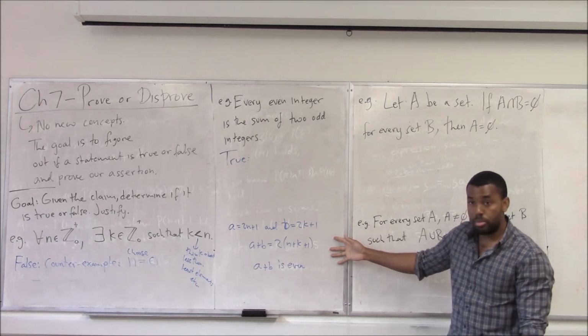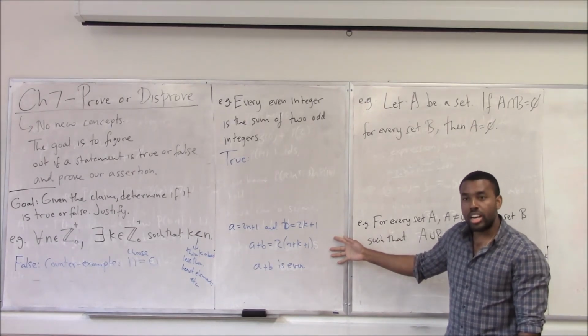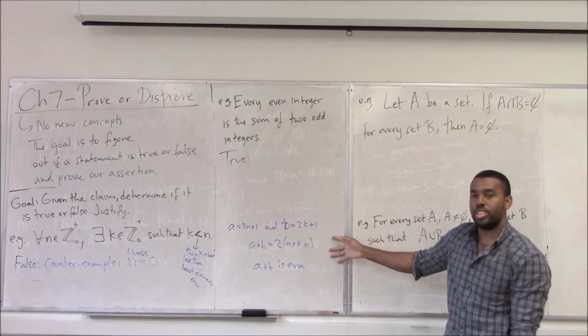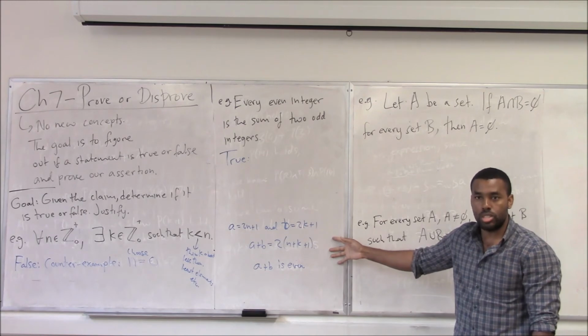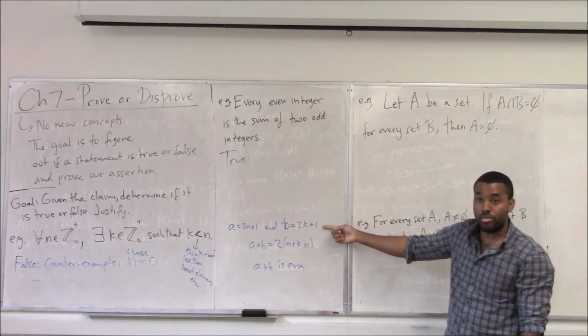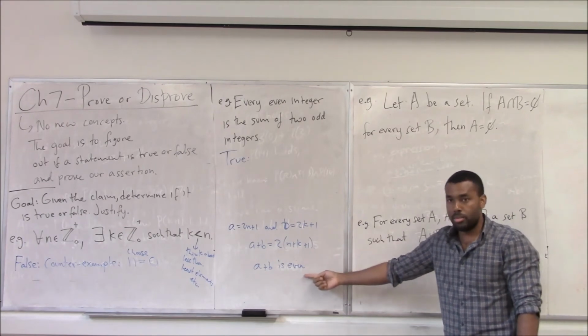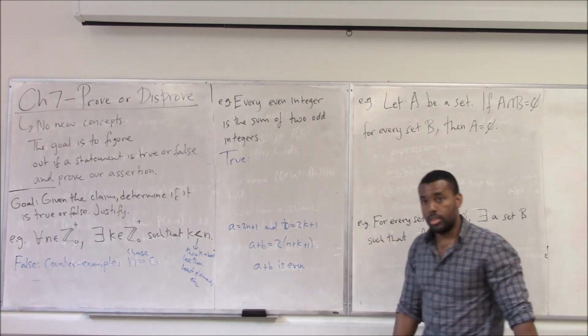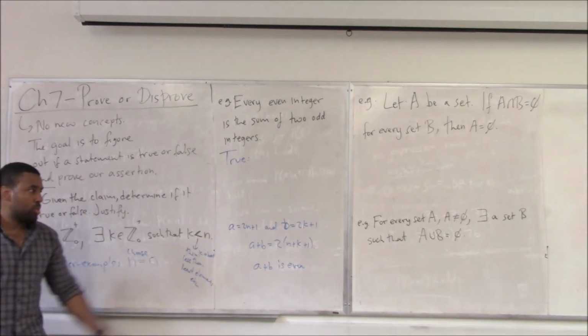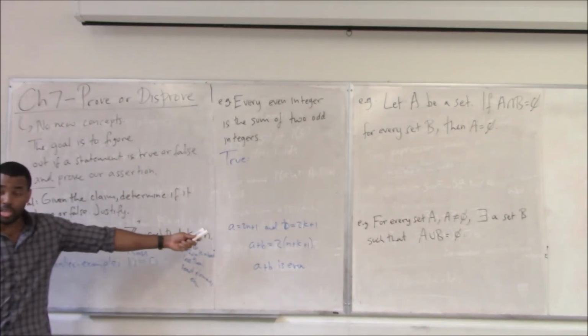But that's not the statement. The statement starts out with me giving you an even integer. I give you an even integer, show me you can write it as the sum of two odd integers. It's different from saying I had two odd integers in the first place, and when I add them, I got something even. So this is actually not justification of the claim. It is true, but this wouldn't be the proof of it. This is proving something entirely different.